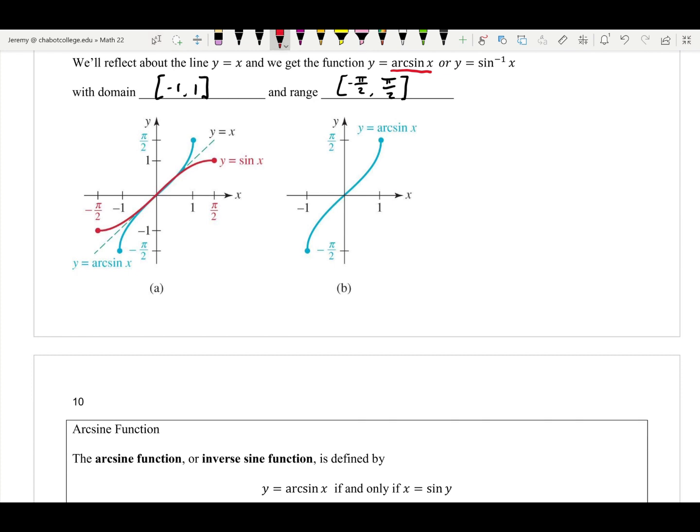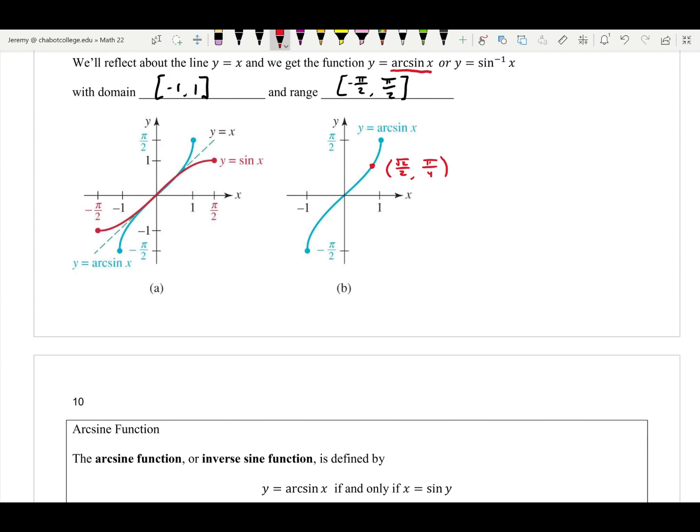Okay, and we'll have some ordered pairs on here that will be sort of familiar, like this ordered pair right here. Let's see, I think it's about right there. This is the ordered pair root 2 over 2, pi over 4. Let's be a little more accurate here.